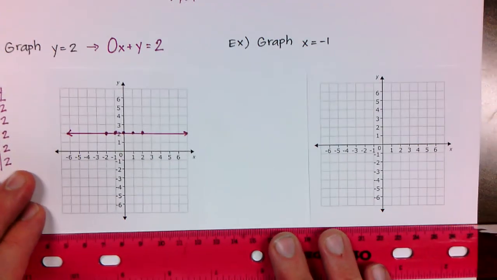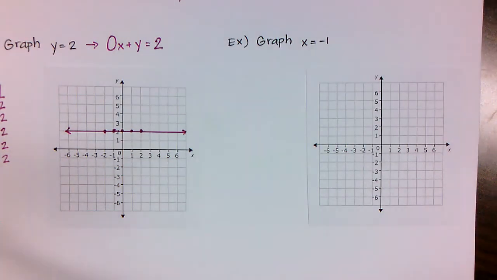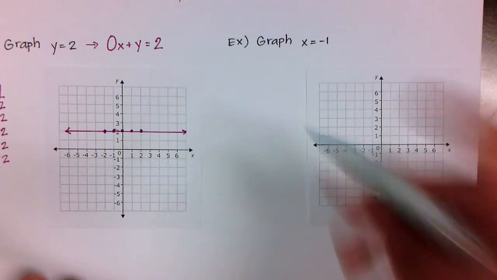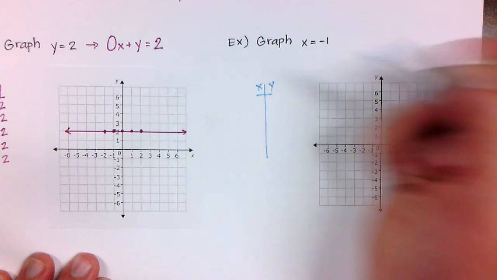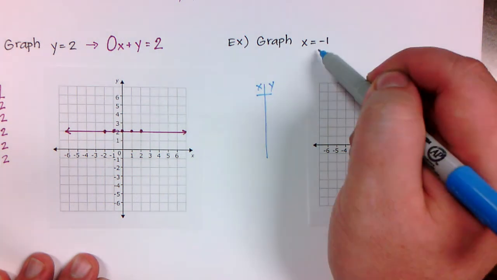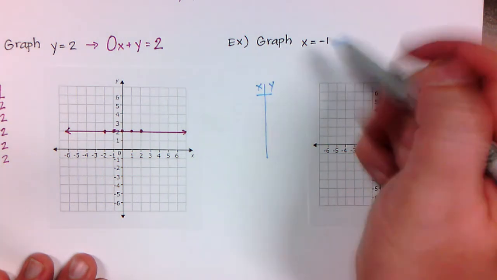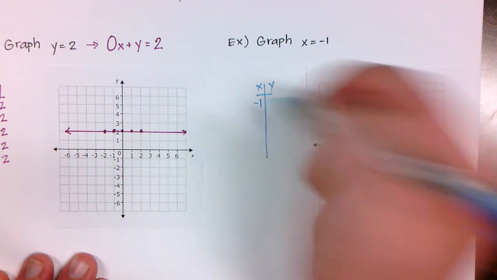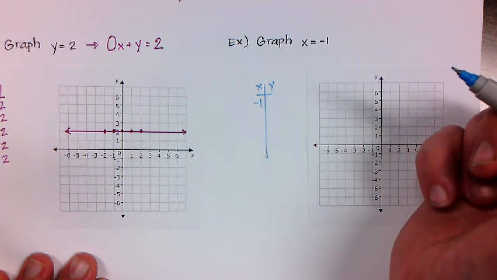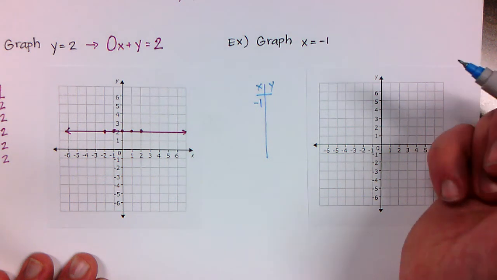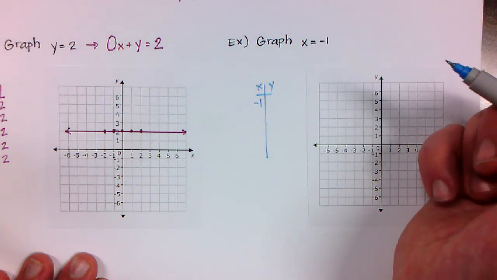This time I want you to graph x is equal to -1. So this time I have my x and I have my y, and I'm actually told in the beginning what x is going to equal, -1. Okay, so it doesn't look like I can really choose any other values for x.